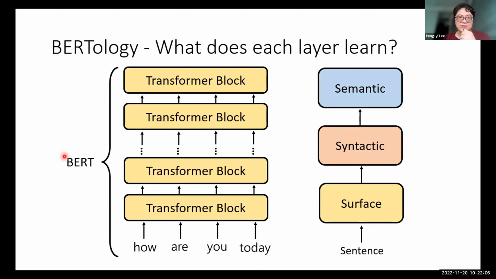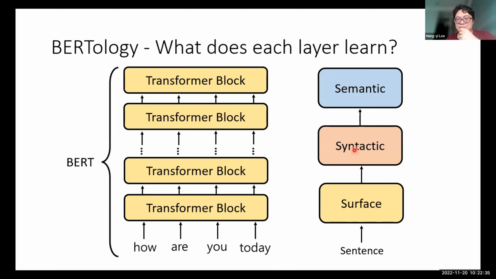Okay, so let's see what people find based on probing. A very common finding, which lots of papers already talk about, is that BERT rediscovers the typical NLP pipeline. Given a sentence, BERT will first analyze the surface form, doing some very basic analysis of the input words.